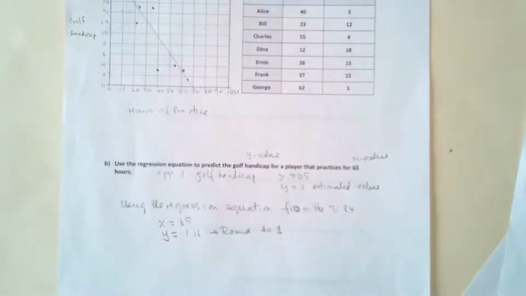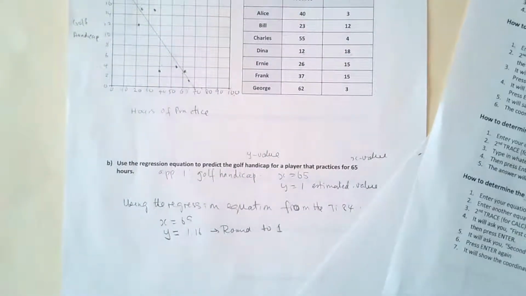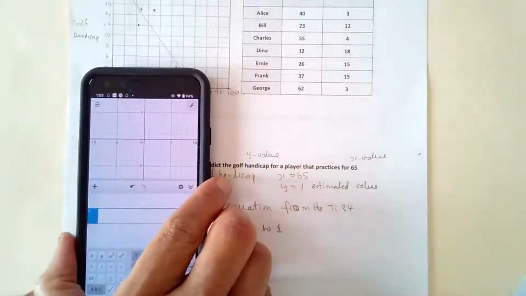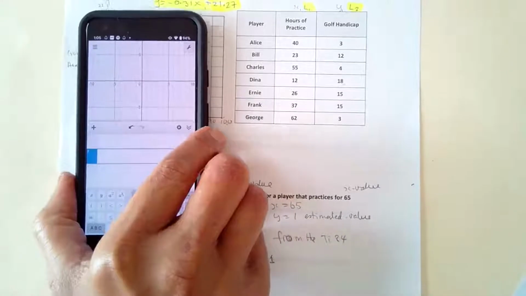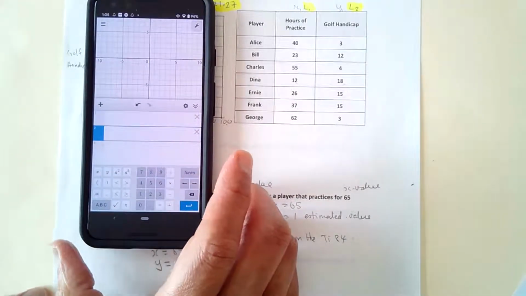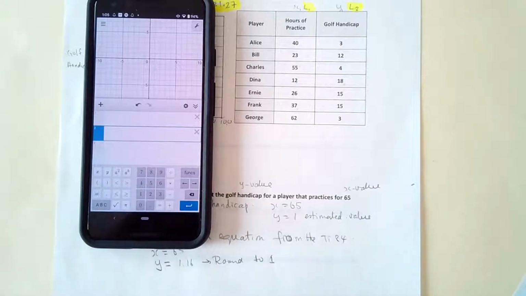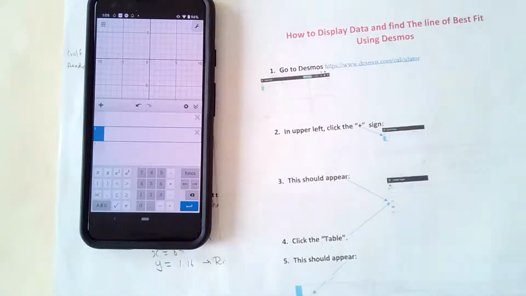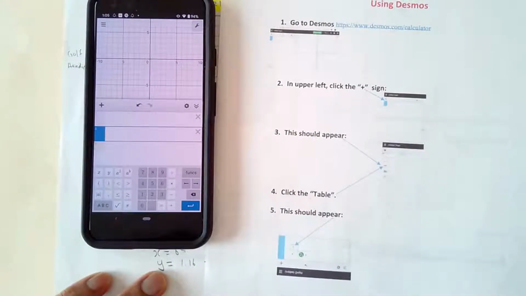Now Desmos, slightly different, and we'll go to Desmos, and we'll do the same thing. Your Desmos screen should appear like this here, and you can also use this handout here.